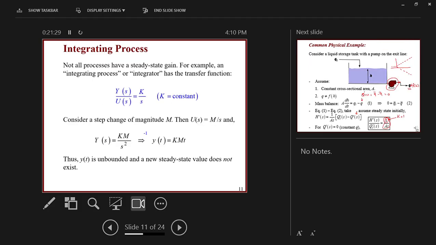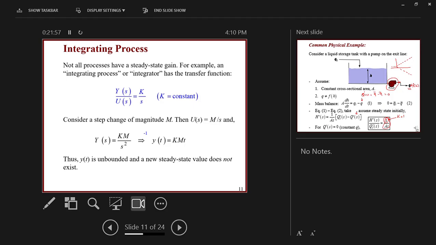The previous example was regarding a first order process, and we said first order because the denominator of the transfer function of the process is a first order polynomial. Now there are other types of processes which do not go to a new steady state when excited, and we call these integrating processes.